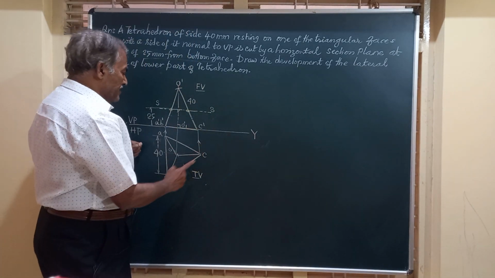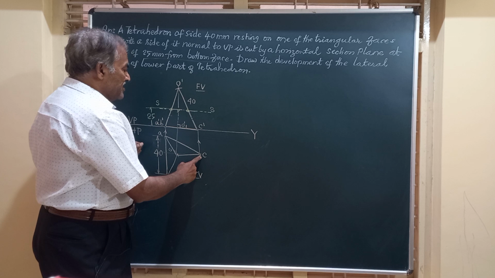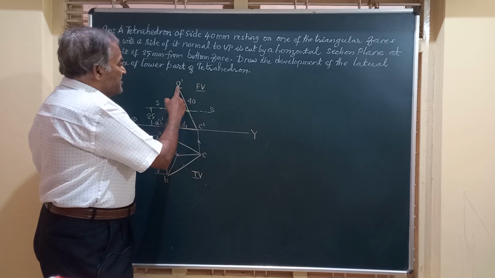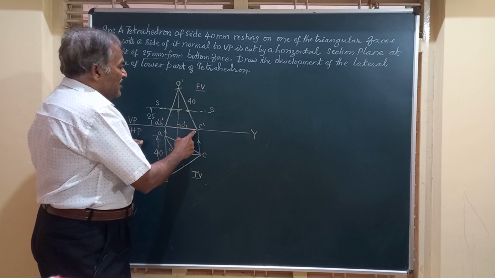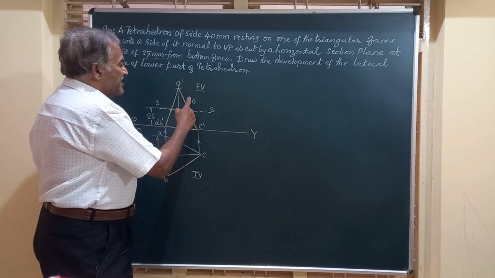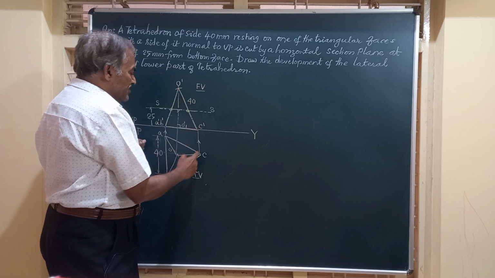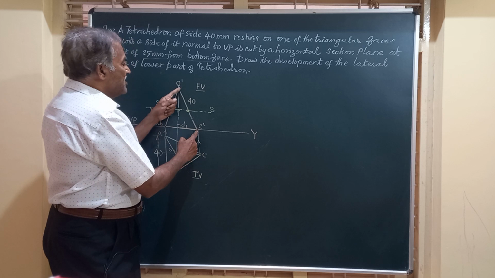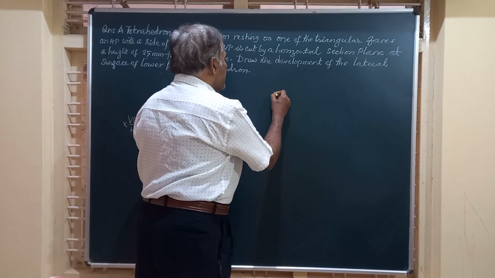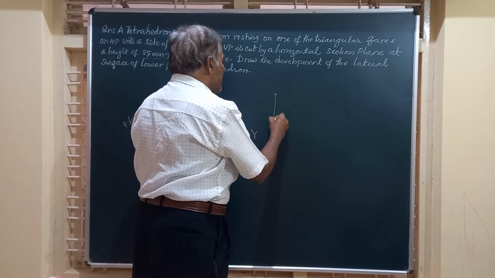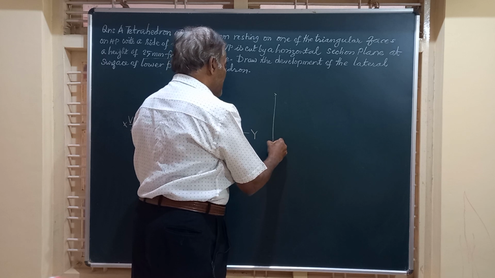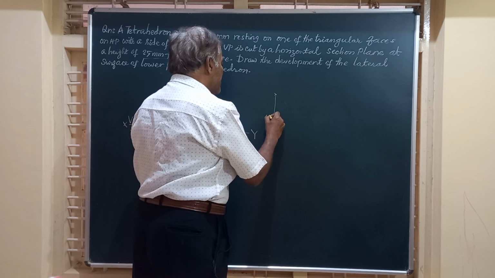Friends, you see here, this OC is the top view of this slant edge, and since this is 40 mm, the true length, so this is parallel to VP, this is the true length. Hence friends, I am going to draw a vertical line of length equal to 40, that is the true length.